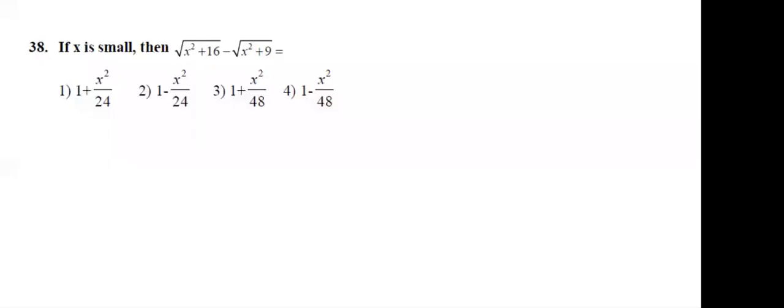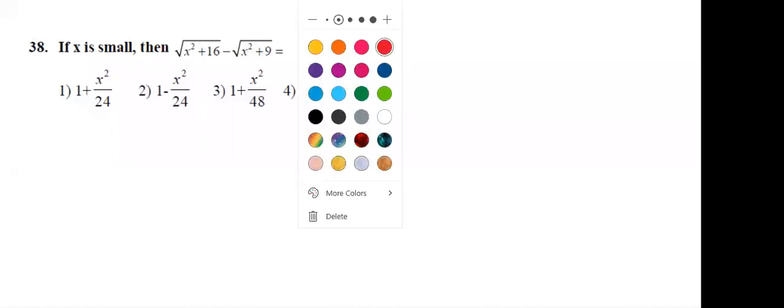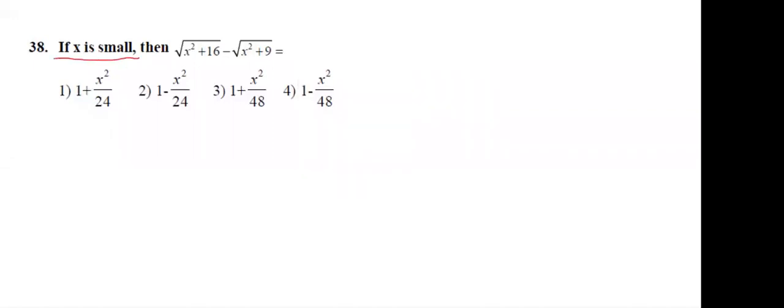x is small. Here read the condition very carefully. x is small, and x square, x cube, x power 4, those are very small values. For suppose x is equal to 0.5. Then what about x square, students? 0.25.